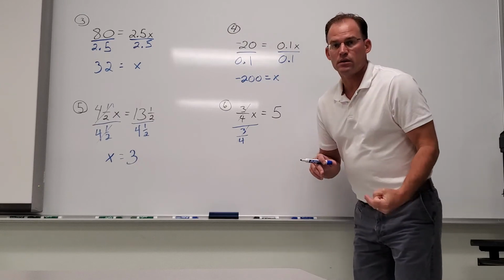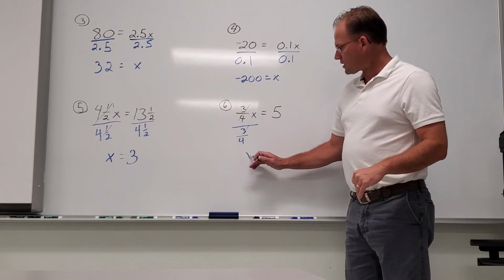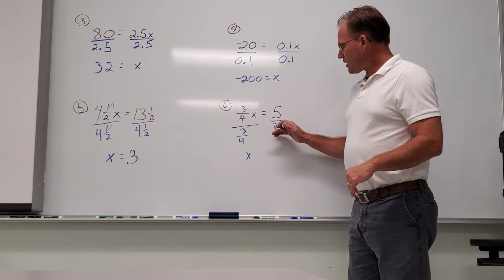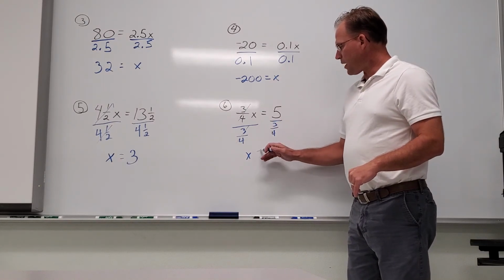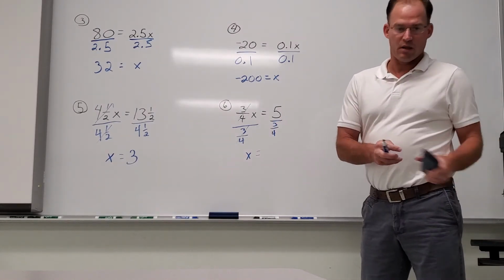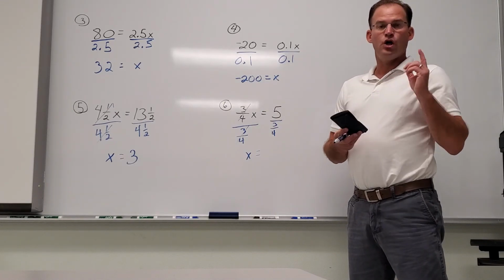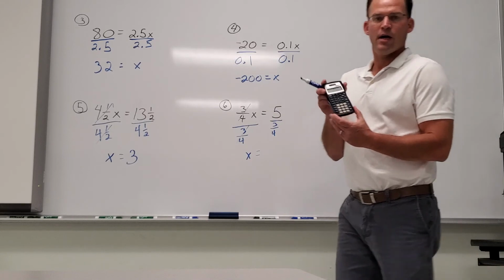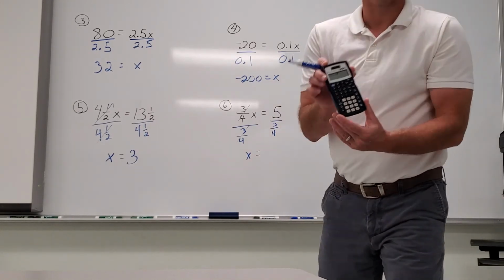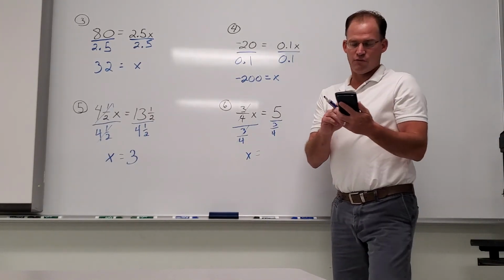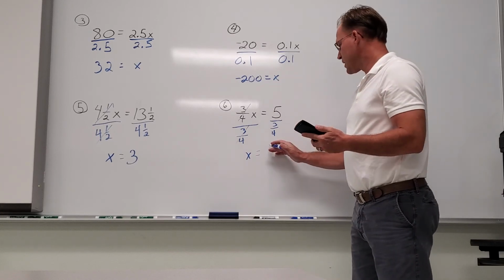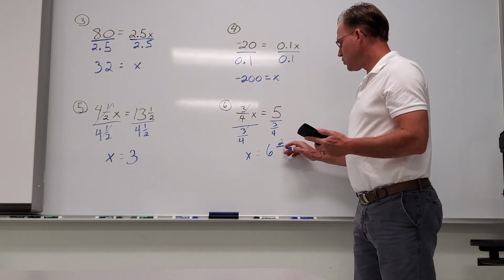That's the point. So now I only have x left over. I have to divide this by 3/4. Again, I will grab a calculator on this one. 5 divided by 3/4. Know how to use your calculator. This is my favorite calculating device. You need one that will do fractions for you. Hit enter. 6 2/3.